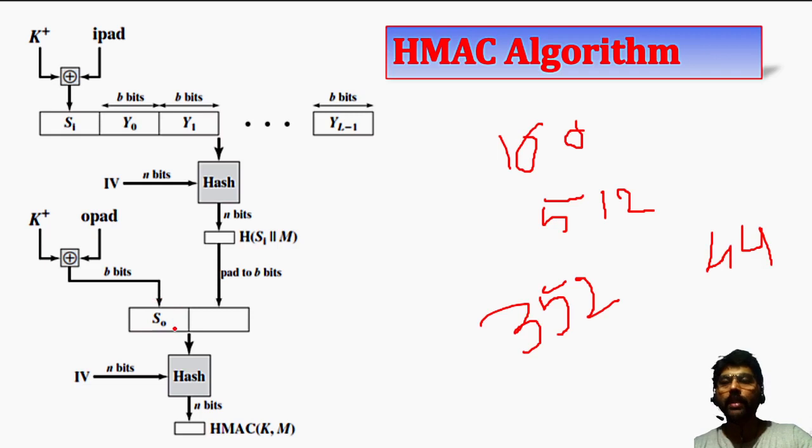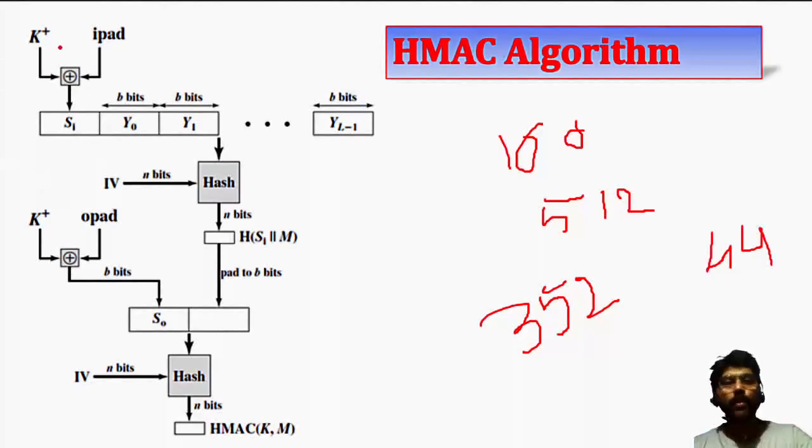S0 is appended with the hash code which was generated earlier, and this appended data is given as input to another hash function, which creates n number of bits. This is the code I have created, and that is called HMAC. HMAC code is created this way.